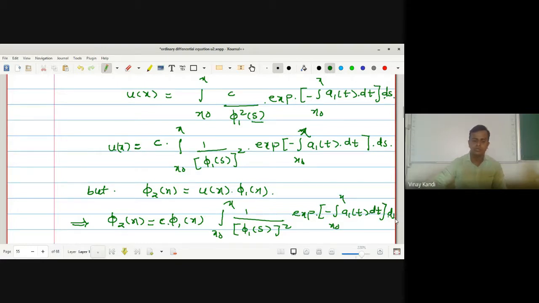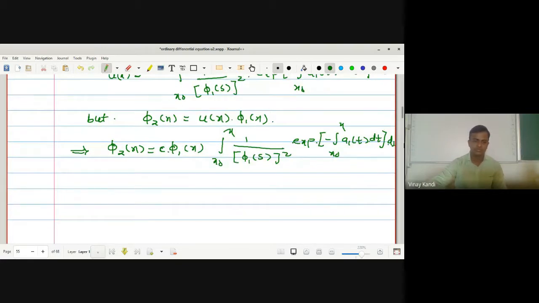Any doubt? So this is the phi 2, is the proof. So using the phi 1 value, we can obtain phi 2.